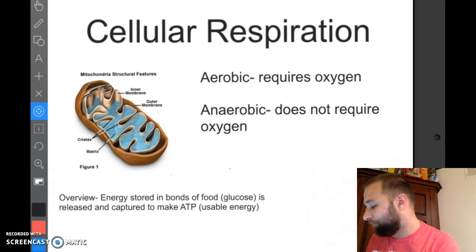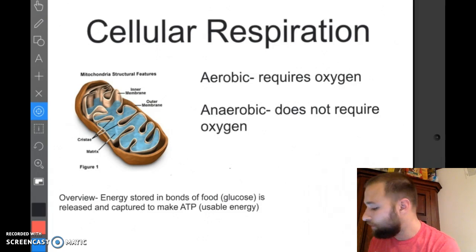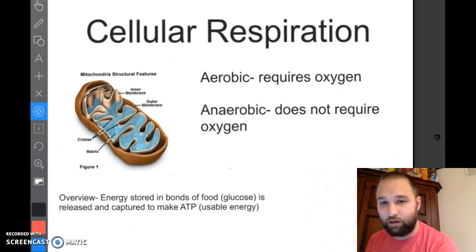Carbohydrates are the foods most commonly broken down for energy to make ATP. I would put an arrow next to that and say glucose. We're mostly going to be talking about glucose.